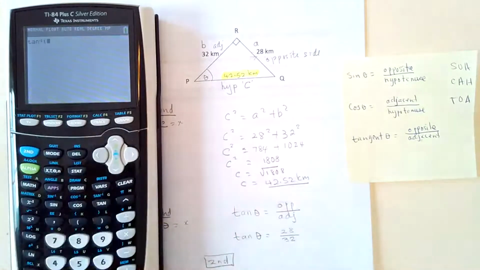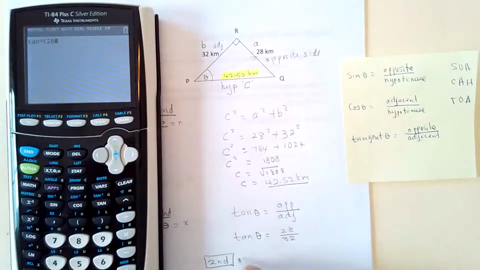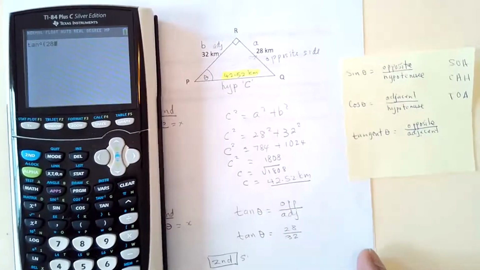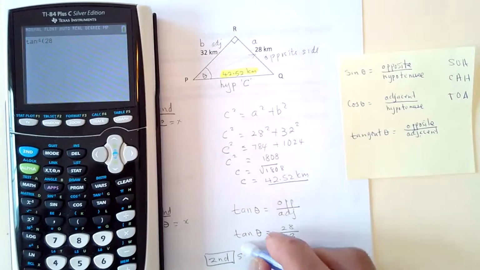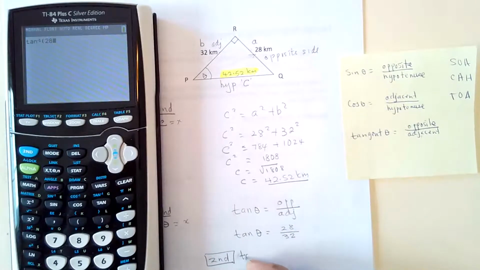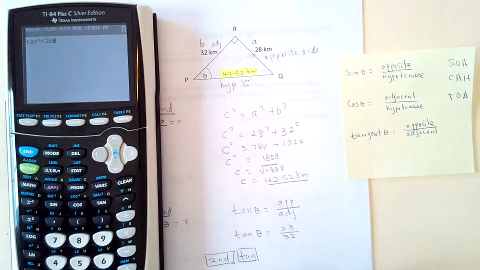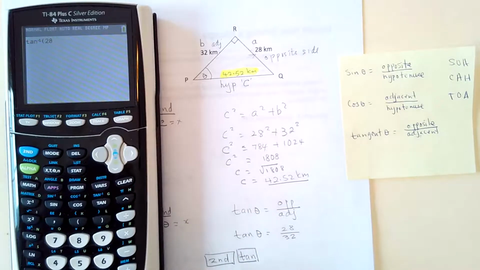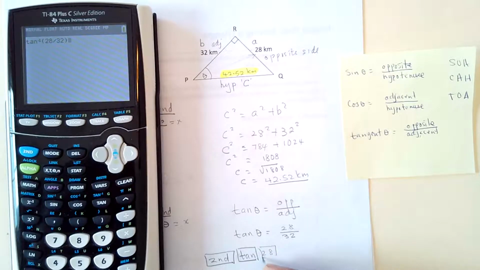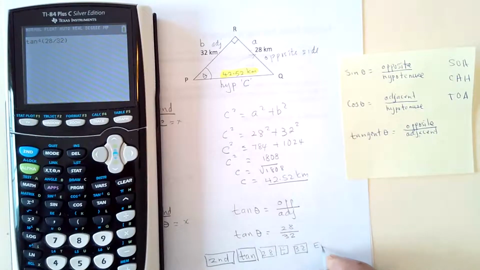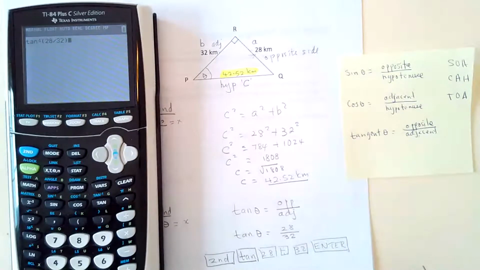Second tan, 28 divided by 32. Enter. If you're using a regular scientific calculator, you'll put your equal sign there.